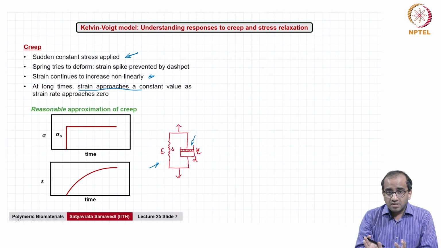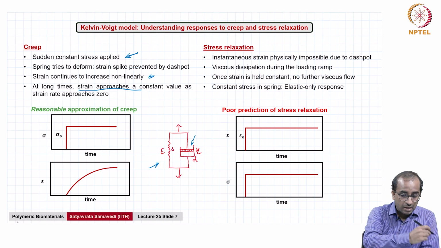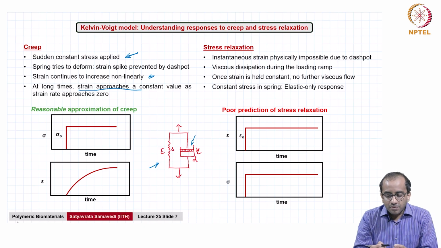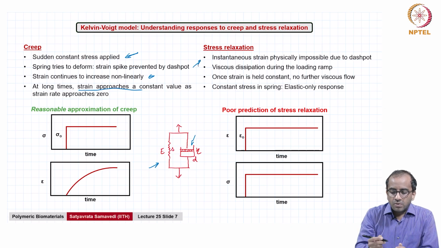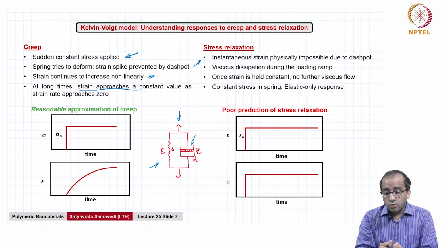Now, that case is not true for stress relaxation, where we have already seen from the equation that the Kelvin-Voigt model is going to predict constant stress for a stress relaxation experiment, which is unphysical, right. So, essentially what is happening here is because you have connected them in parallel, when you want to apply an instantaneous strain in stress relaxation and hold it, that is actually physically not possible because of the Dashpot, right.